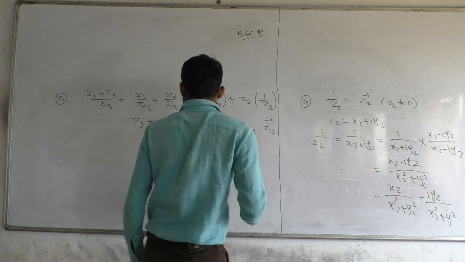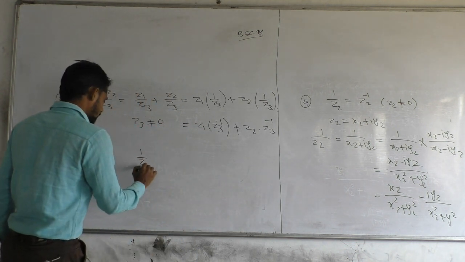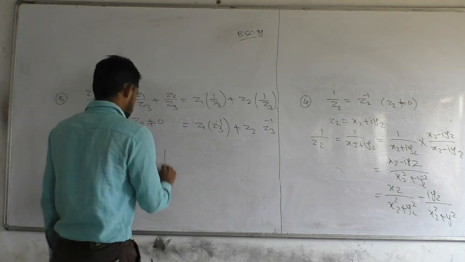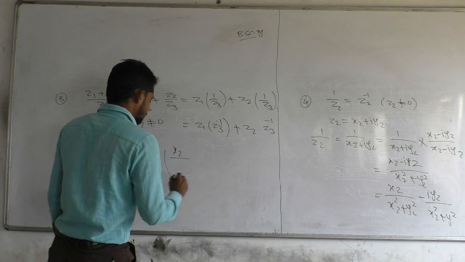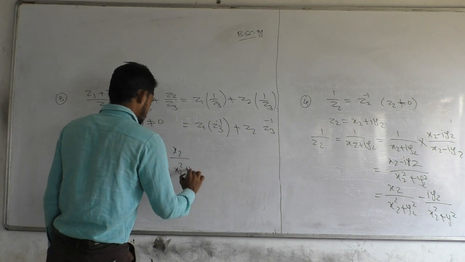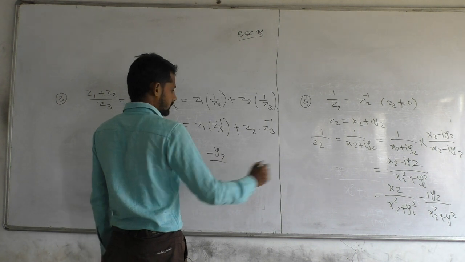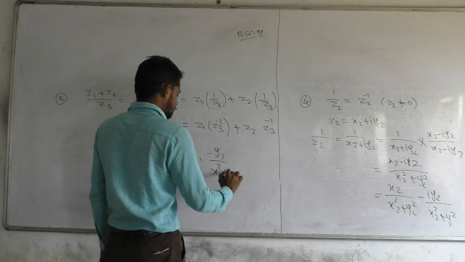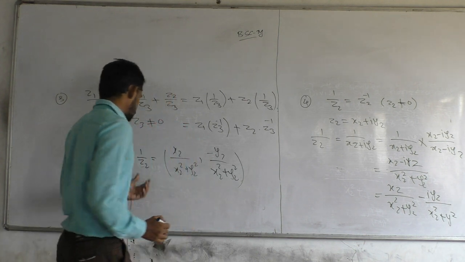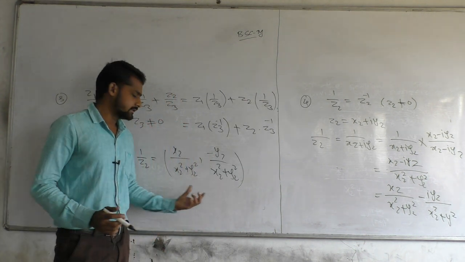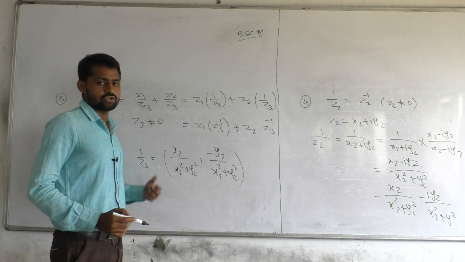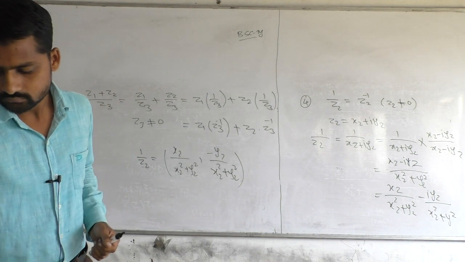So 1 by z2 is equal to x2 divided by x2 square plus y2 square, comma, minus y2 divided by x2 square plus y2 square. So 1 by z2 is nothing but the inverse of z2.